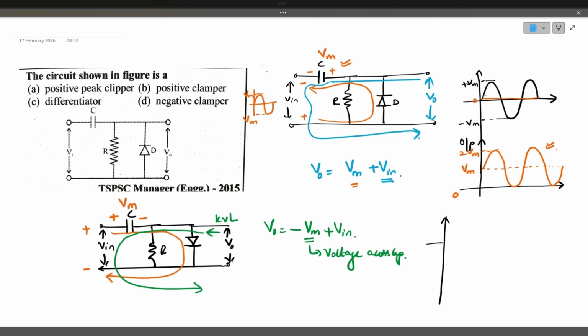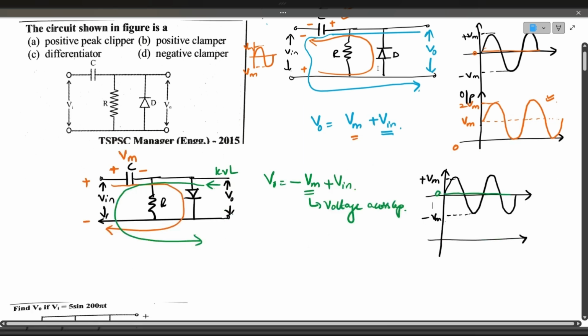For the input, a sinusoidal signal with positive peak plus Vm and negative peak minus Vm, the base is 0 volts.